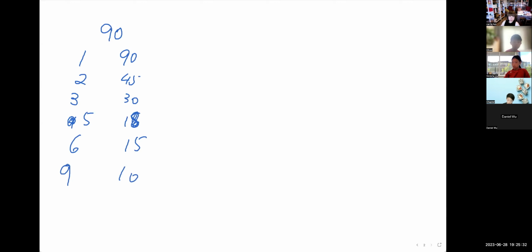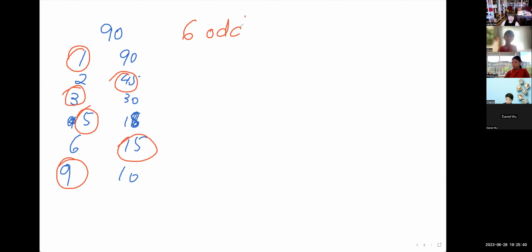So if you circle the odd ones, you're going to see 1, 2, 3, 4, 5, 6. There are 6 odd factors for 90. So that's why there are 5 ways to express 90 as a sum of 2 or more consecutive integers. Understand, everybody?